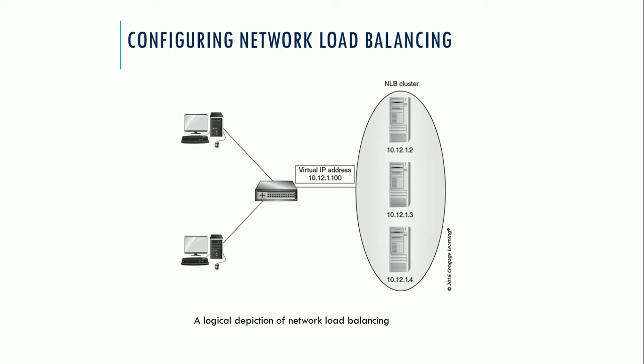You may be wondering why. If Windows can handle this natively, why not just use Windows to do this? You're going to see throughout this presentation that it is not a simple task to set up network load balancing in Windows. There's a lot of requirements, and everything has to be set up just right for it to work. And there's ways to do this with other platforms too.